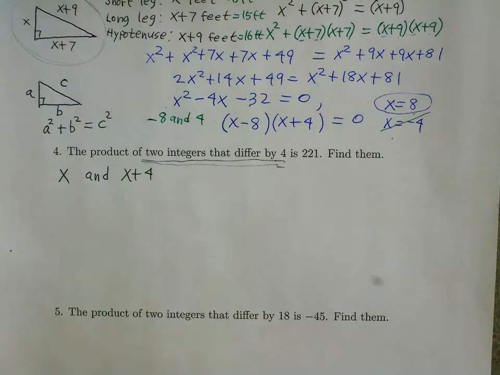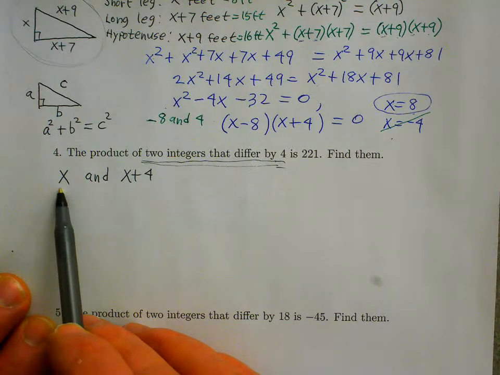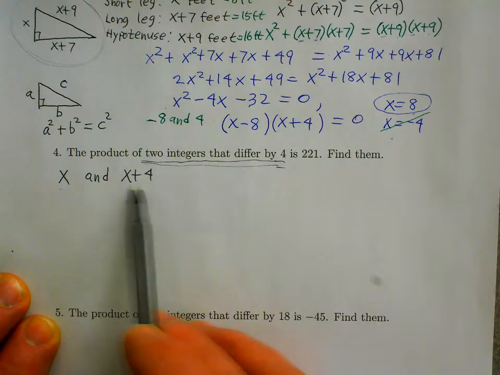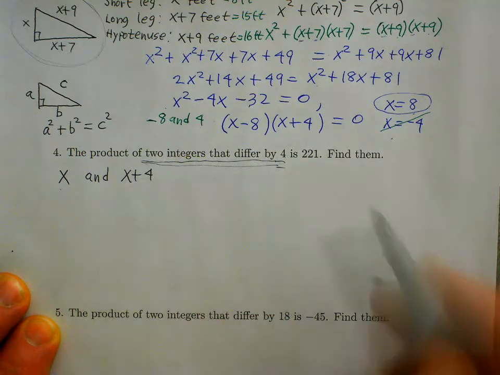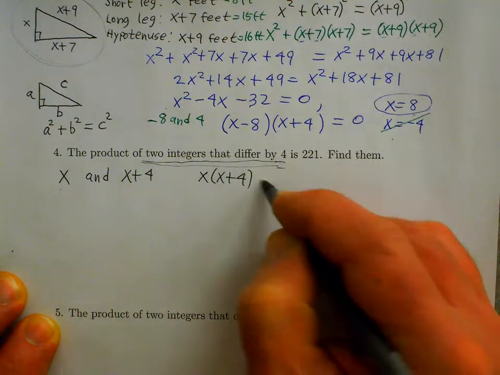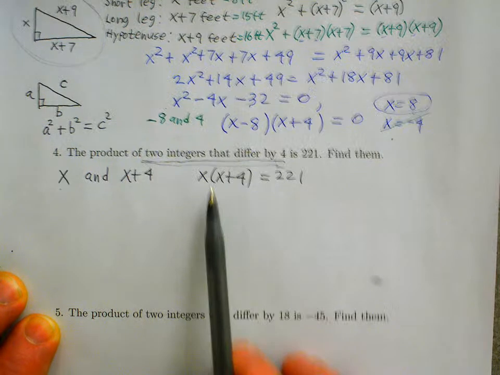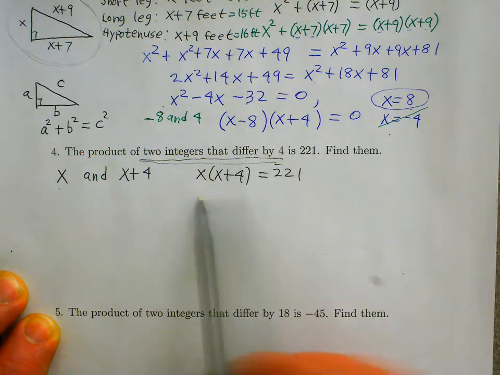But just do it one way, one or the other. Okay, so x and x plus 4 differ by 4, and the product, x times x plus 4, is 221. Product means we multiply. So here's our equation.